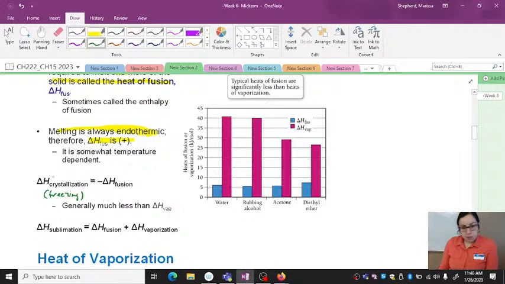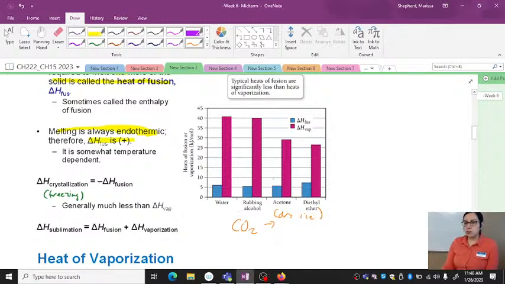So back to where we were. We're looking at our heat of fusion versus our heat of vaporization. And you might also have a scenario where something sublimes. Talking about CO2, it tends to undergo sublimation, aka dry ice.